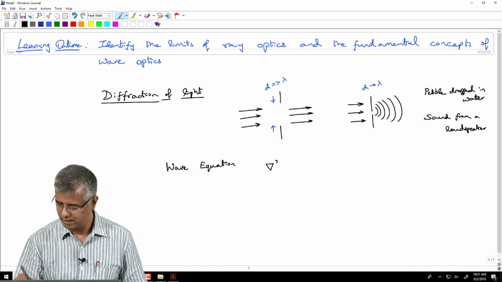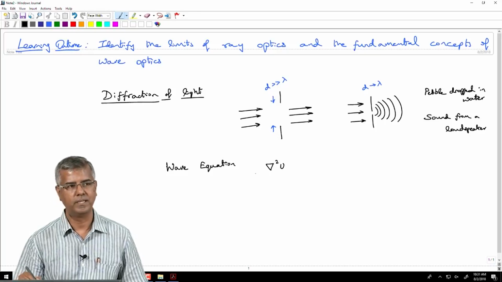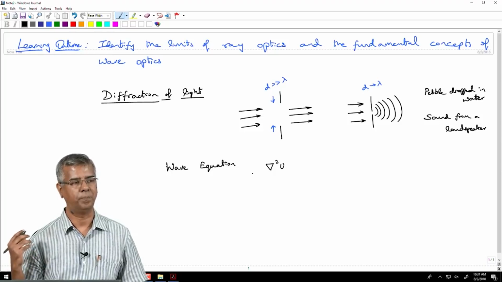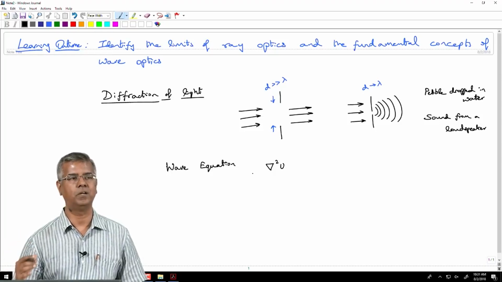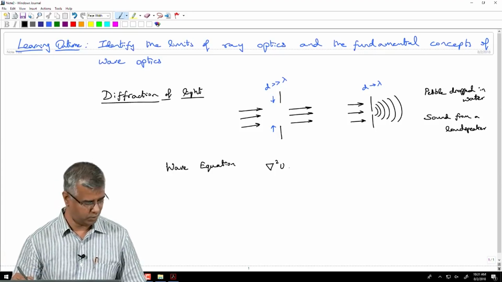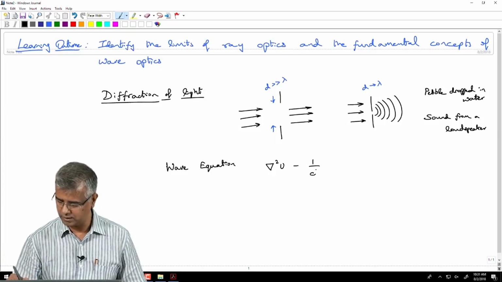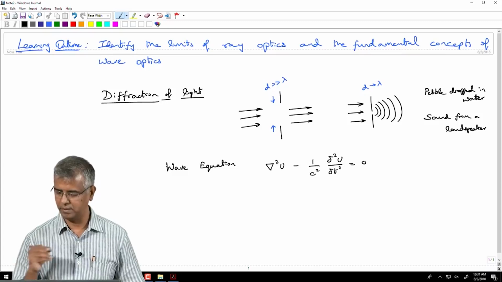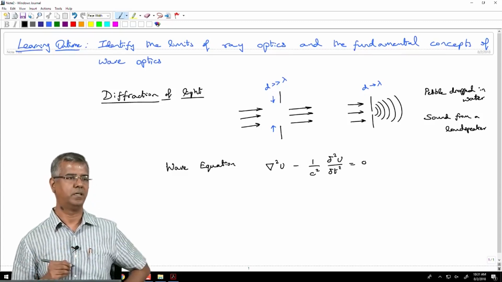Basically, del square of u, let us say u corresponds to the description of the light wave, okay. Del square u minus 1 over c square multiplied by dou square u over dou t square is equal to 0. That is your wave equation.